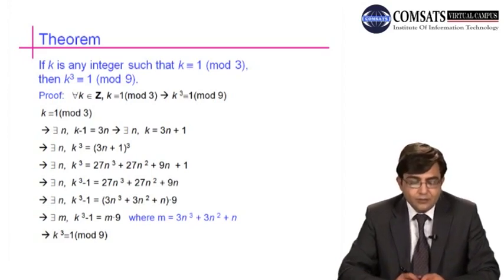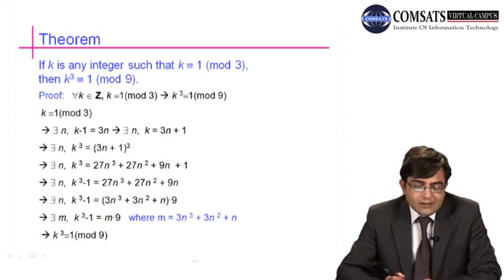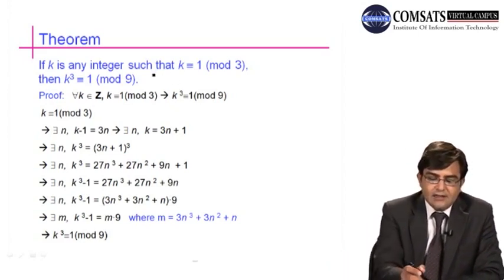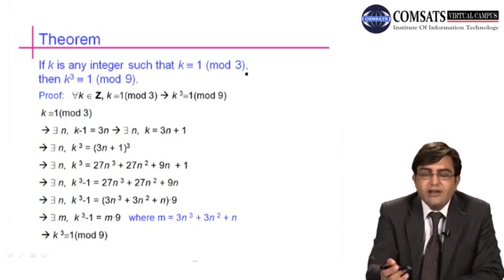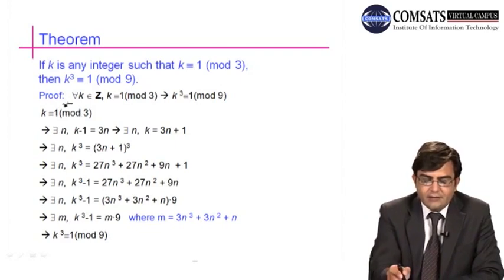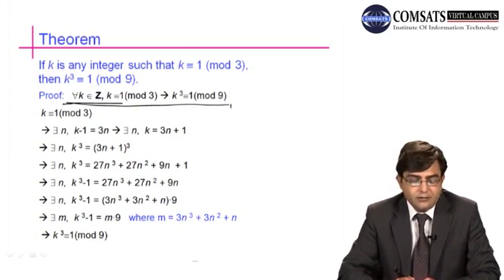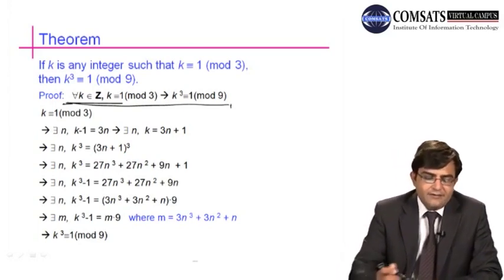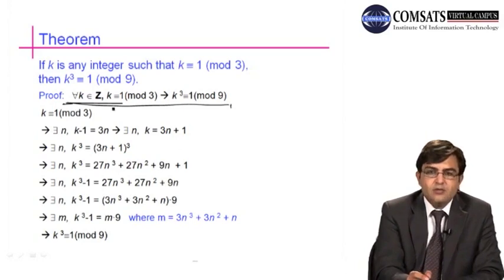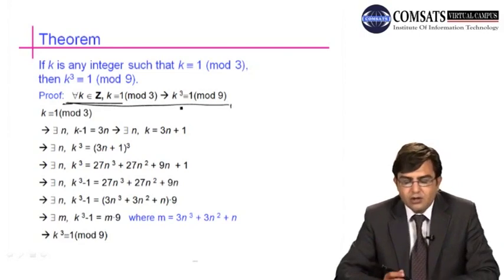As we know, in the direct method of proof, first of all we write the statement in the universe: for all k belonging to Z, that is for all integers, if k is congruent to 1 mod 3, then k cubed is congruent to 1 mod 9.